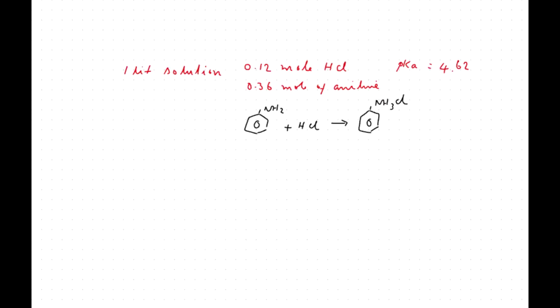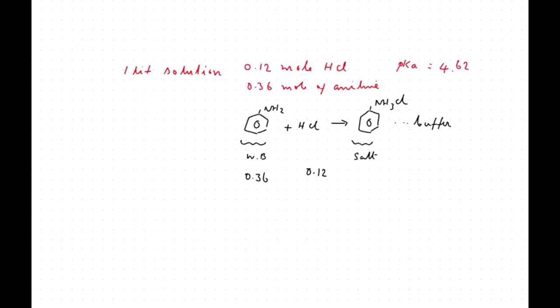So a weak base and its salt, when they are put together, they form a buffer. But in this case, I am having 0.12 mole of HCl and 0.36 mole of aniline.